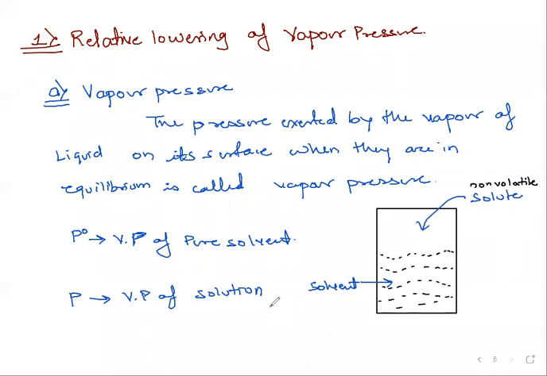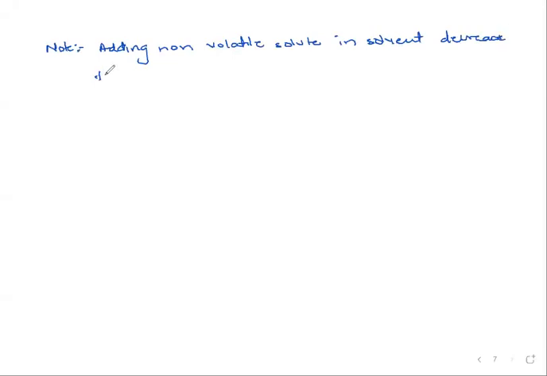As we have seen in the property name, it's relative lowering of vapor pressure. That means after adding a non-volatile solute to the solvent, the vapor pressure decreases.